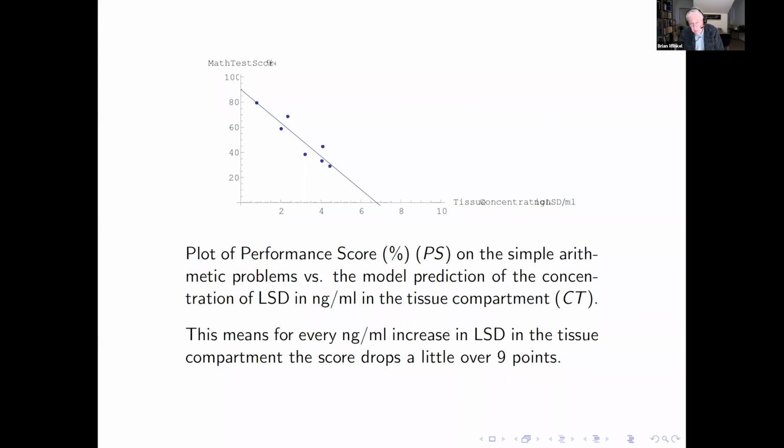The advocates of the drug would tell you doing those skills is nothing compared to the Pandora that you're going to experience when you do the drugs, but I'm not in the drug sales business. So what it really means is for every nanogram per milliliter that you increase the tissue concentration, you drop your scores by about 9 points.